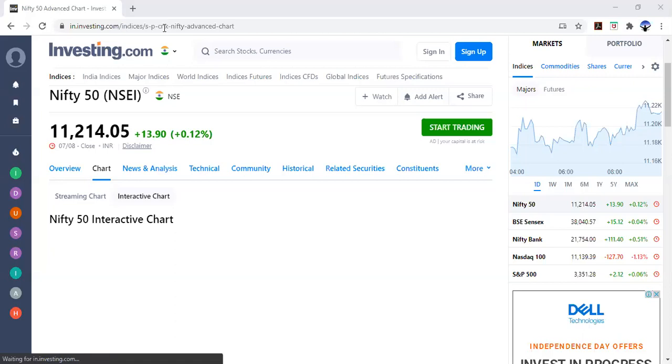Due to some issue on the chart, this will not be available immediately. So I suggest that from the next section, I will use the chart of my software and explain immediately after 10 minutes how to use the free tool investing.com, because that chart is not fast and our time is gone.